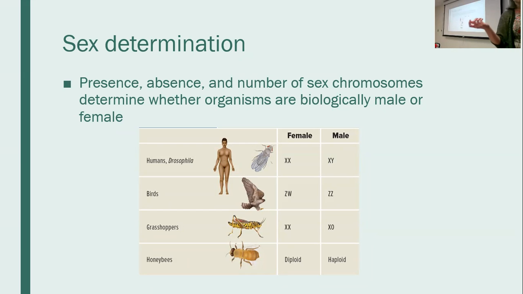If you don't get enough, then you are male. I think there's one group that's like 140 something sex chromosomes. It's crazy. So everything is different. It can be quite complicated. It's relatively straightforward-ish in mammals and the fruit flies. But the presence, absence, or number of them or type of them will determine biological sex.